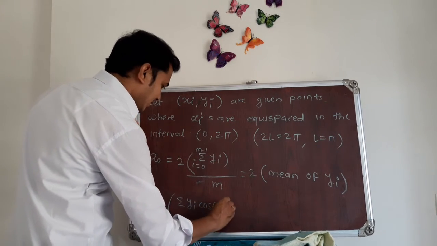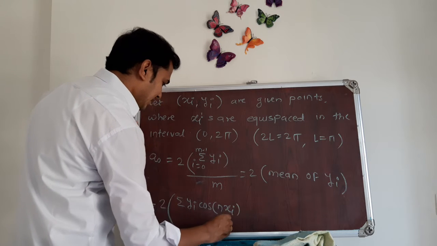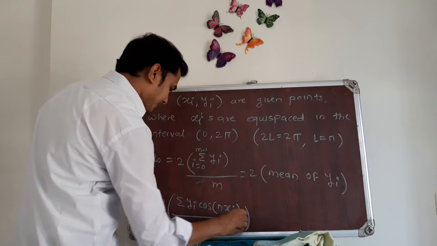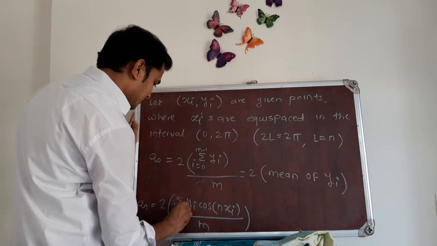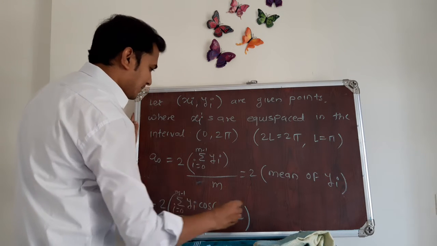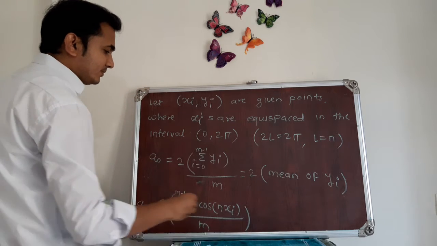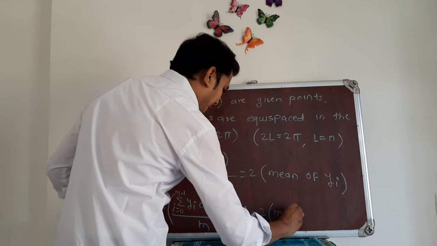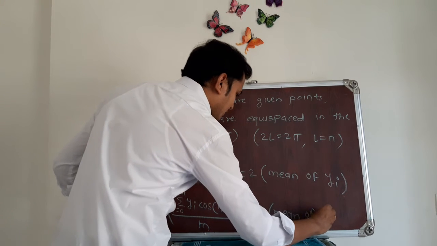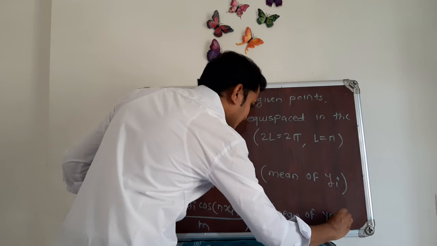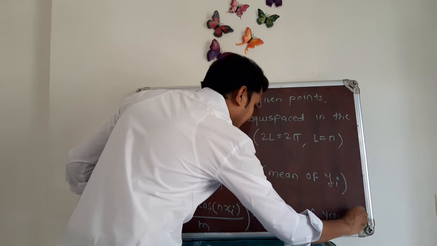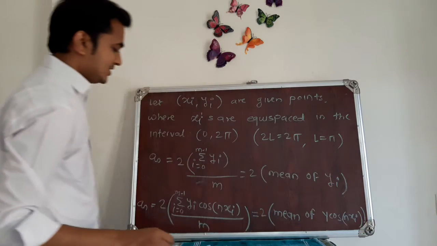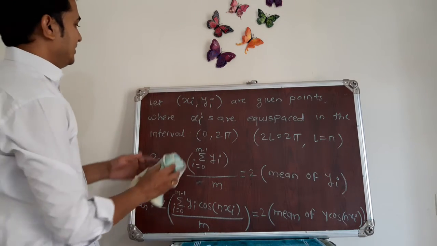So cos of n xi upon m, where i running from 0 to m minus 1, which is equal to 2 into mean of y cos n xi.